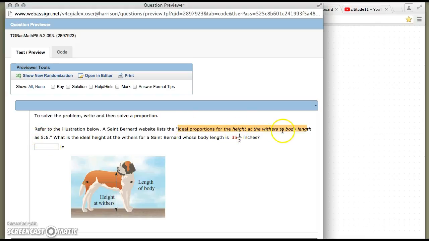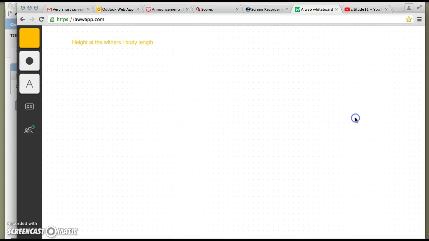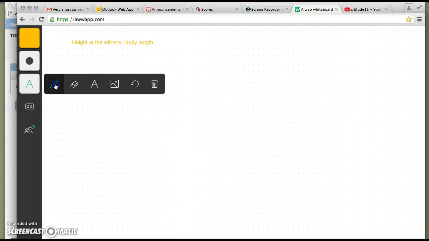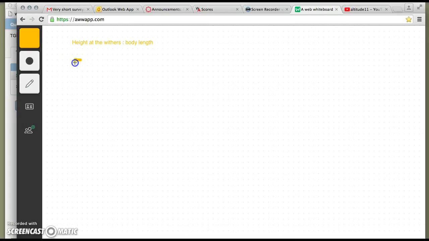Height at the withers to body length, 5 to 6. All right. So we have 5 to 6. Okay, so once again, that is height at the withers to body length. Height at the withers in the numerator, body length in the denominator.